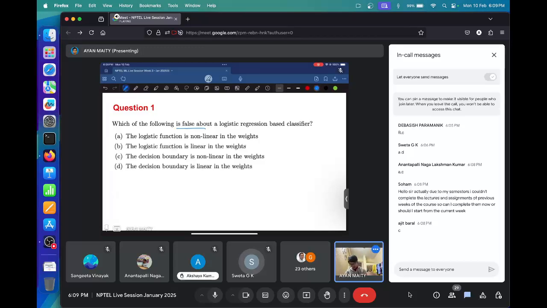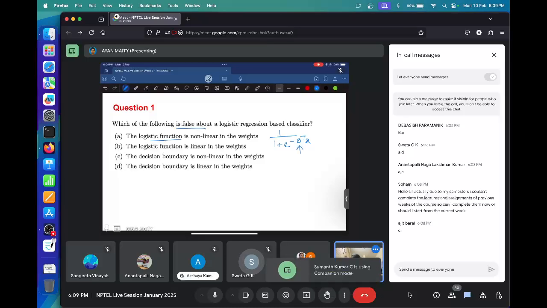Multiple options are correct in this question. The first option says that the logistic function is non-linear in the weights. The logistic function is given by 1 divided by 1 plus e to the power minus theta transpose x, where theta are the weights.